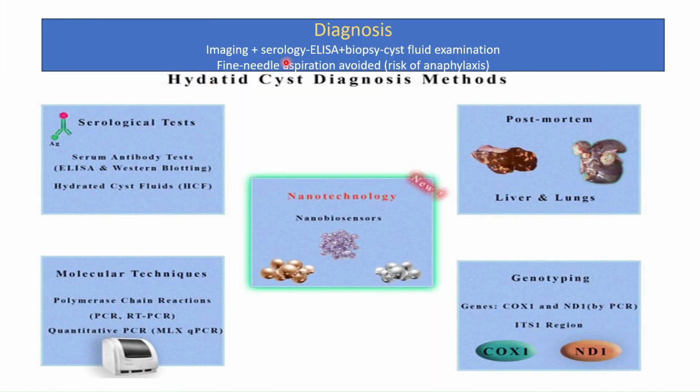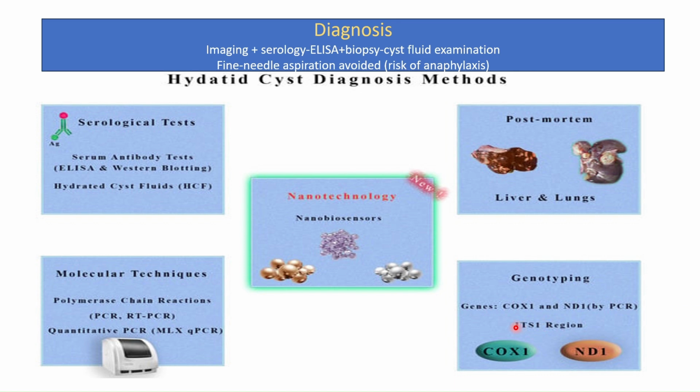And diagnosis is mainly by imaging and serology, which includes ELISA and Western blotting of the hydatid cyst fluid, and some molecular techniques like polymerase chain reaction, which is RT-PCR and multiplex qPCR.